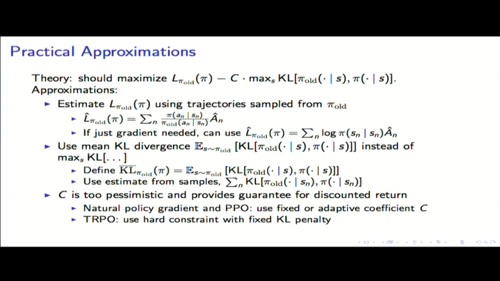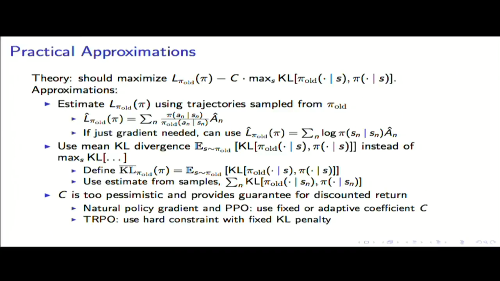Is there any reason to believe that the max over the states would be a good approximation of the mean when there's one dominant state that has a lot of mass? Is there any reason to believe that might be true, or do you think that's not even true? Okay, so the question was, when is the mean a good approximation of the max? It seems like it would only work if you have one state that's dominating this average.